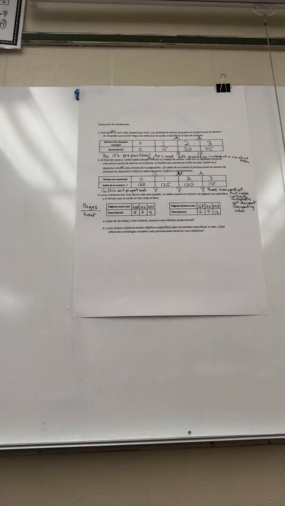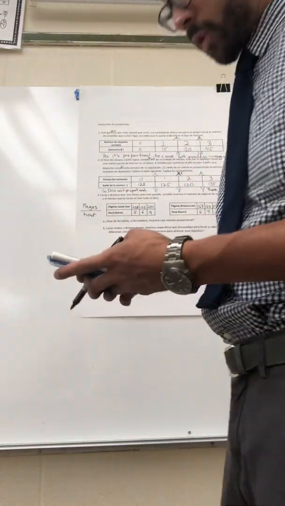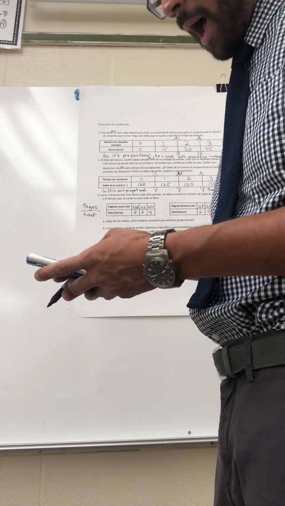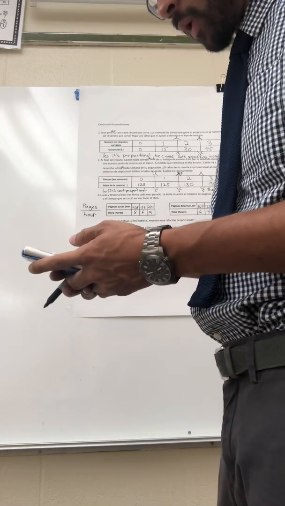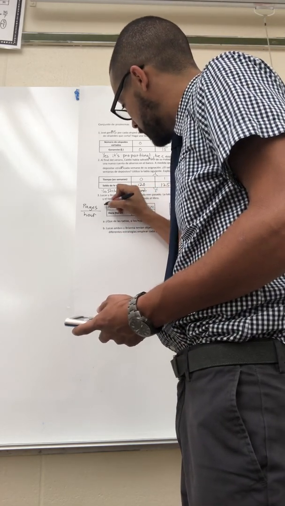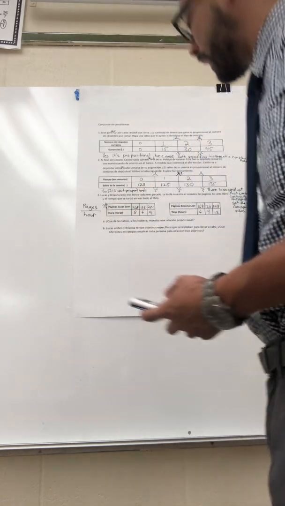Let me grab one of these calculators. First, 208 pages divided by 8 hours gives me a rate of 26 for every 1 hour of reading.